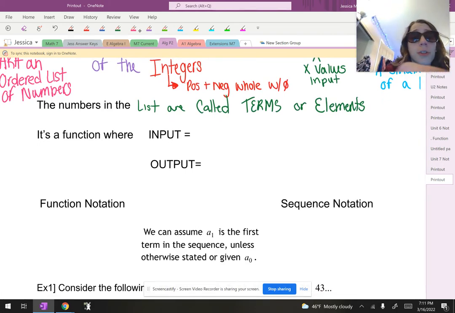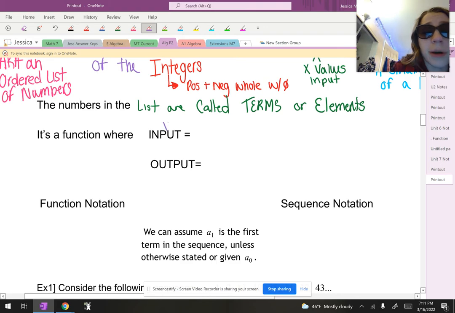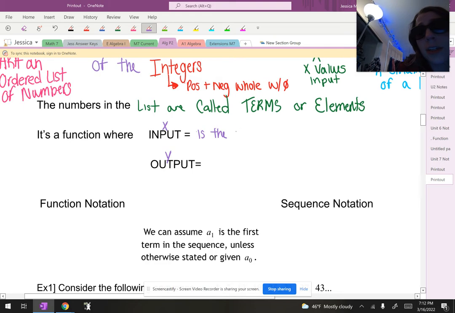So we said it's a function, where the input, talking about those x values, and the output, talking about your y values, where your input is the term's place in the list.